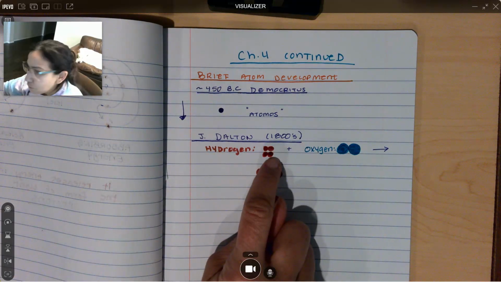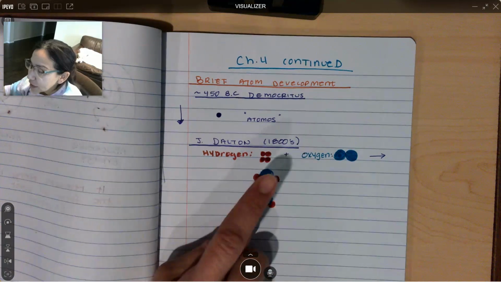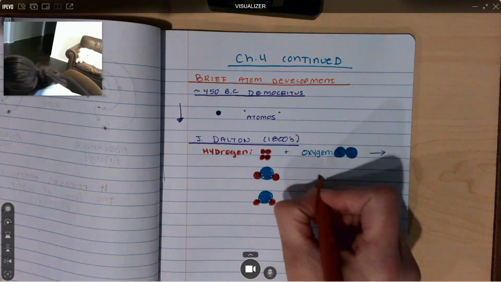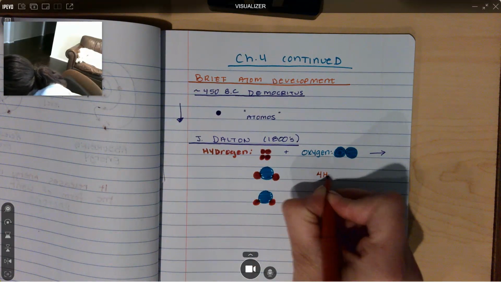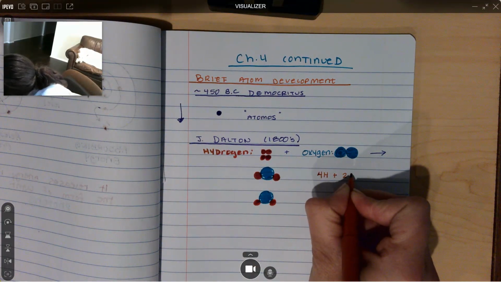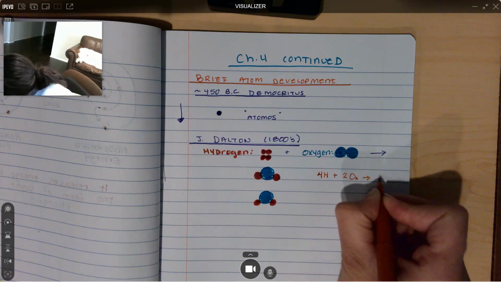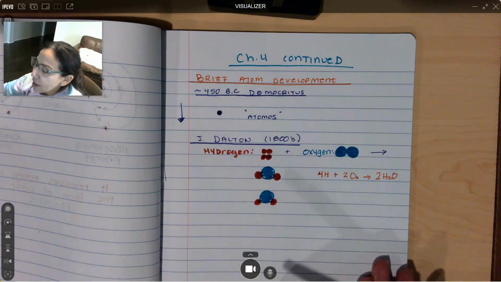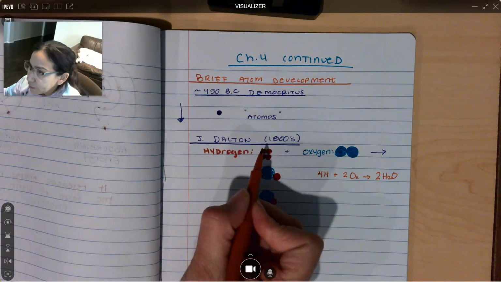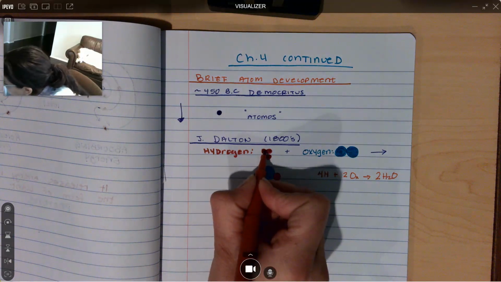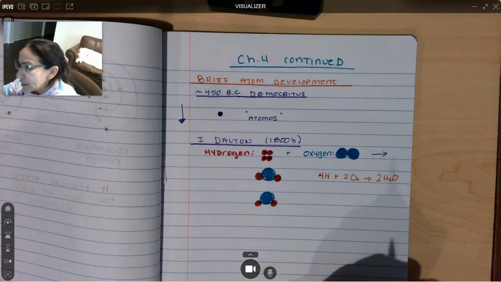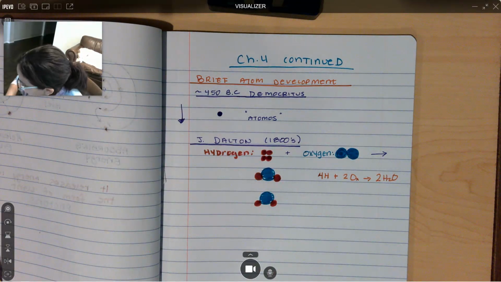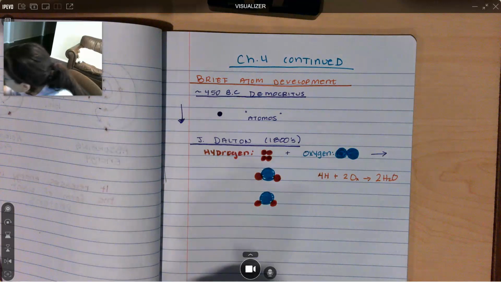So a total of 4 hydrogens plus 2 oxygens gives me 2 waters. And to put that in plain English, I have 4 hydrogens plus 2 oxygens. That's going to give me 2 waters. All right, now that's not how we actually write it, because you notice that these are diatomic. And when we write something in diatomic form, it's not going to look like this. This, I'll cross it off later, is incorrect.